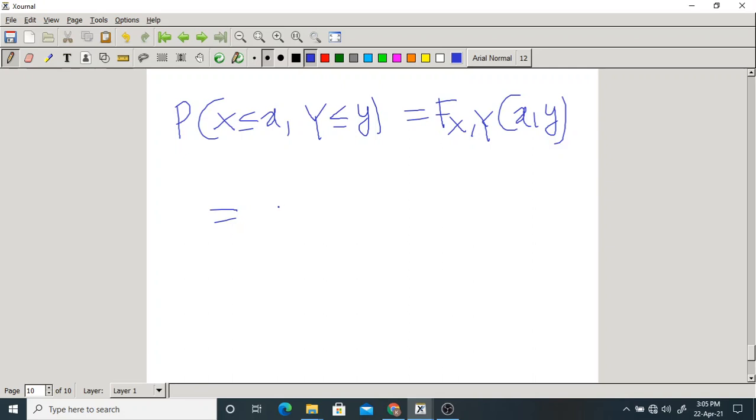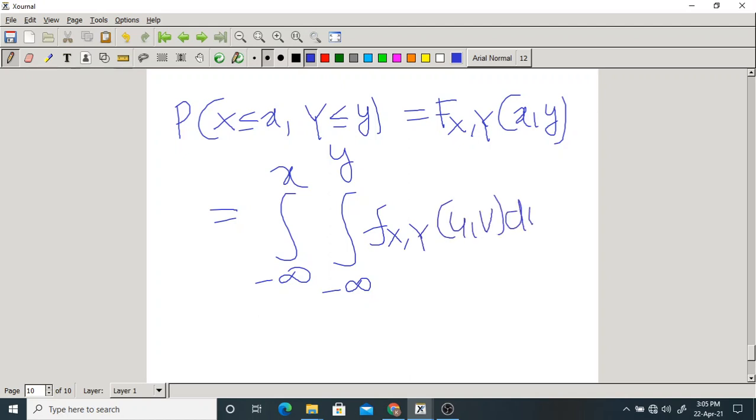Now we write a double integration: one from minus infinity to x, the other from minus infinity to y, of the joint PDF f of u comma v du dv. This is the joint CDF, and what is inside is the joint PDF. So the joint CDF is nothing but the integration of the joint PDF.